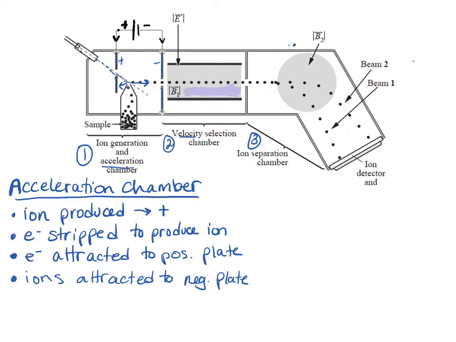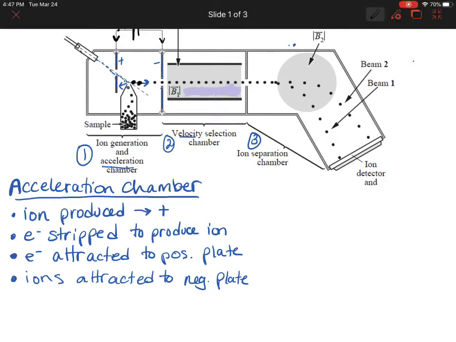Okay, so there we go. We know then, therefore, that these ions are going to be attracted to the negative plate and are going to accelerate towards it because they have an electric force exerted on them towards the negative plate. So that's why it's called the acceleration chamber, of course, because it's going to accelerate.